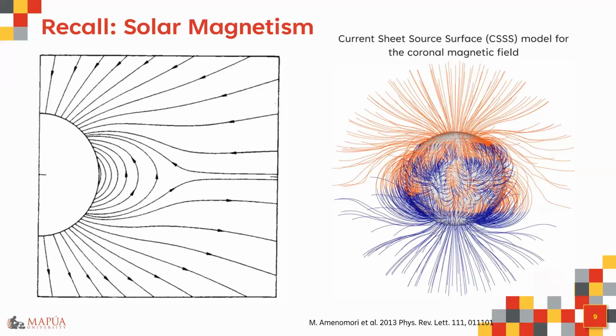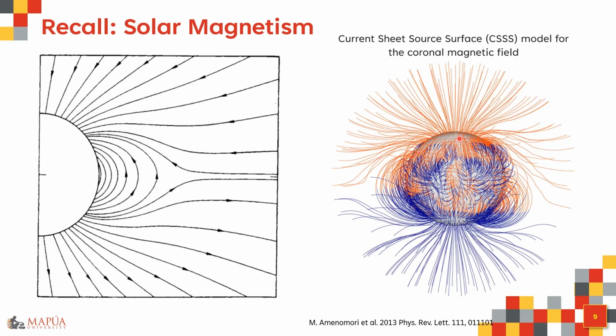So let's have a brief recall because sunspots are actually portions of the sun with very strong local magnetic field. So let's have a brief recall of the usual configuration of the solar magnetic field.